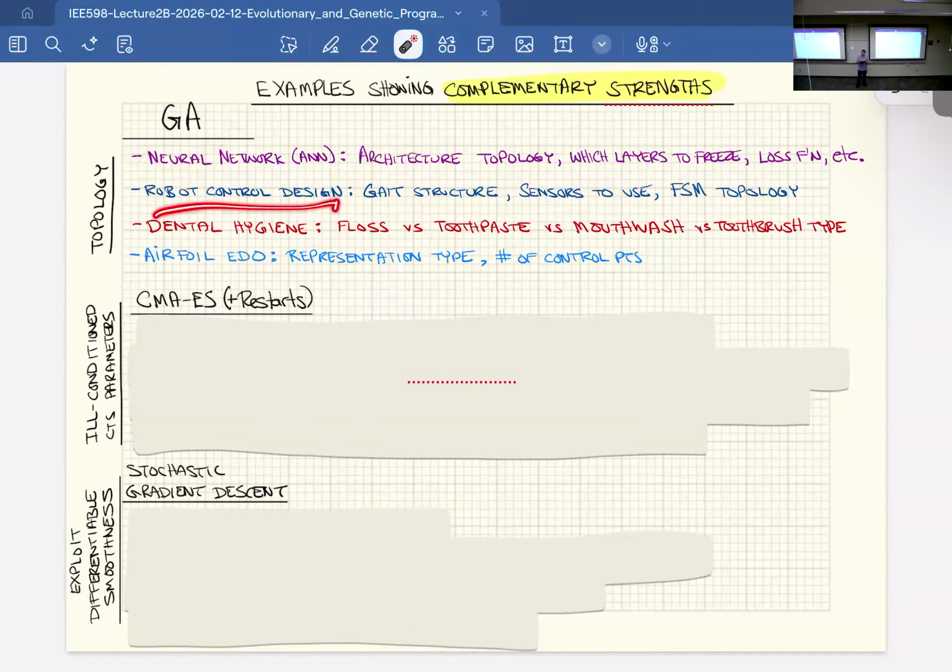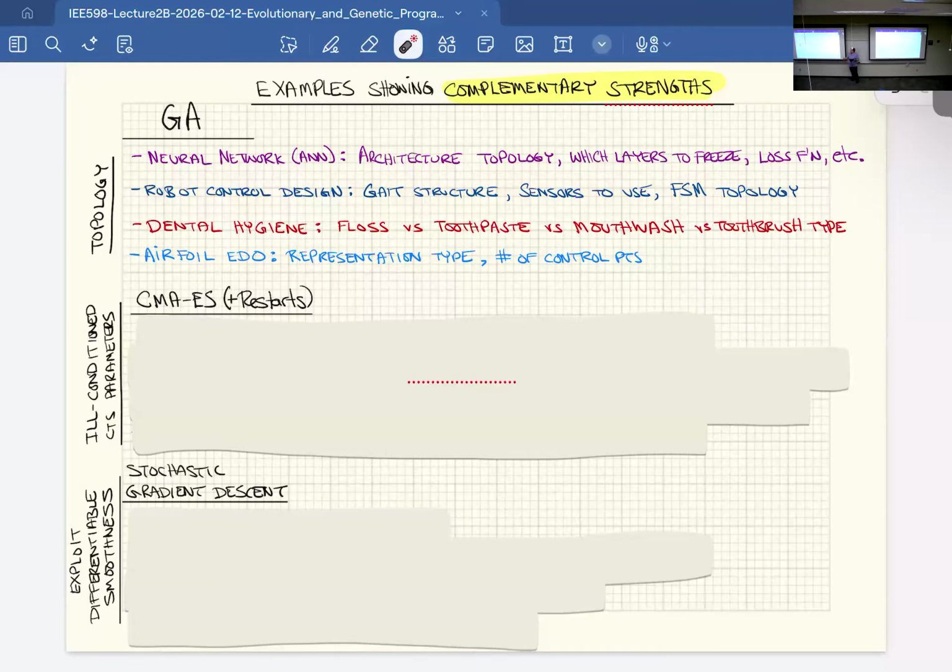For a robot control design, the structure of the gait. So how many legs do you have? And if you're using an oscillator to drive this pattern of walking, then how simple is that oscillator? Is it just one left foot, right foot, and then repeat? Or is it left foot, right foot, a different left foot, a different right foot, and then repeat?